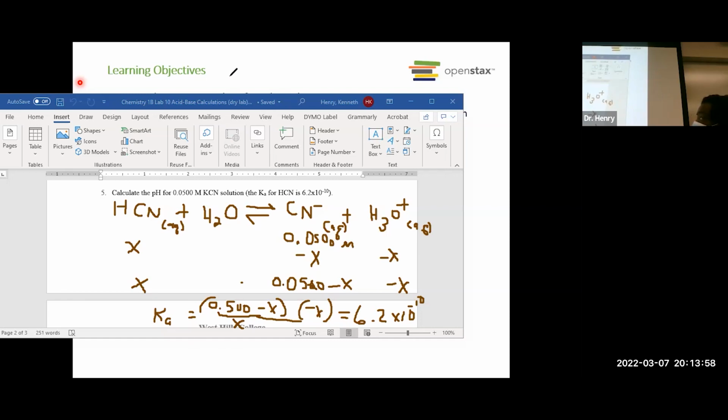So do you mind if I go up here? So I'll get x squared minus 1.5 x, and that's going to equal 6.2 times 10 to the minus 10x.